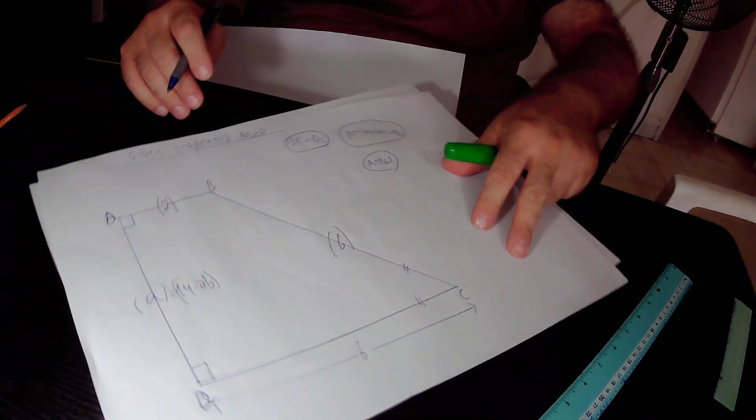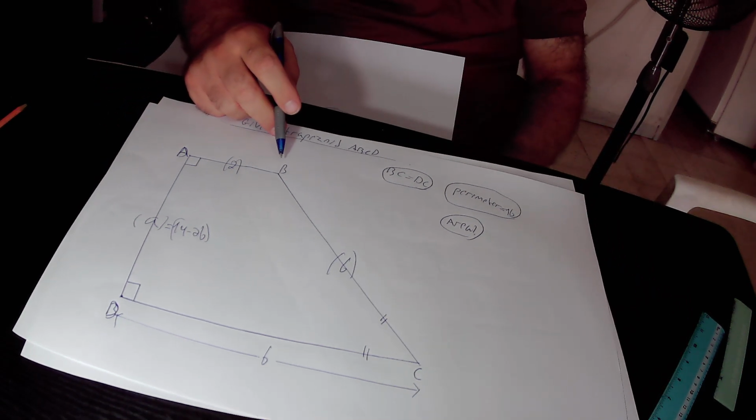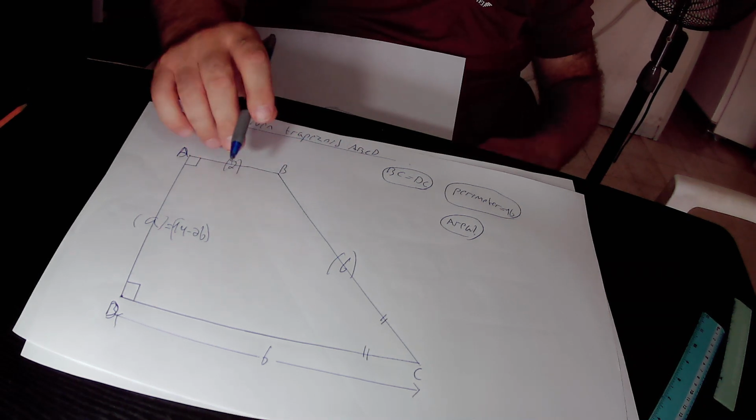In the next step, we will do a construction. That is to say, from the vertex B of this trapezoid ABCD, we will draw a perpendicular to DC.